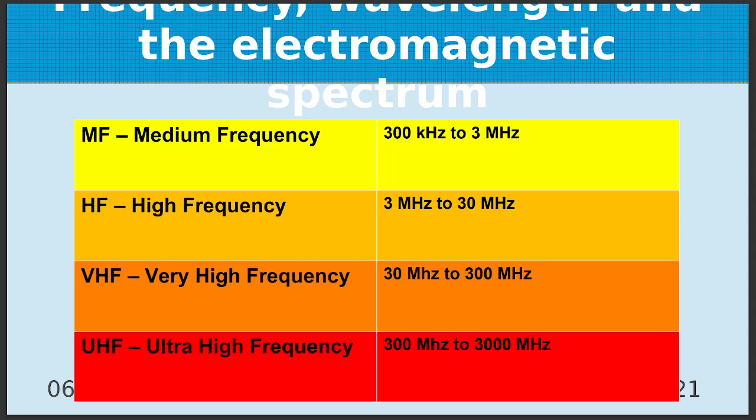And HF, like I say, tends to be the meat of what most hams do. So it's 3 megahertz to 30 megahertz. 28 megahertz is the 10 meter band. VHF is 30 megahertz to 300 megahertz, and then UHF is 300 megahertz up to 3000 megahertz.